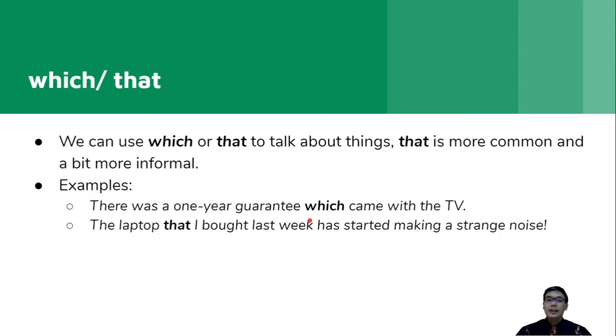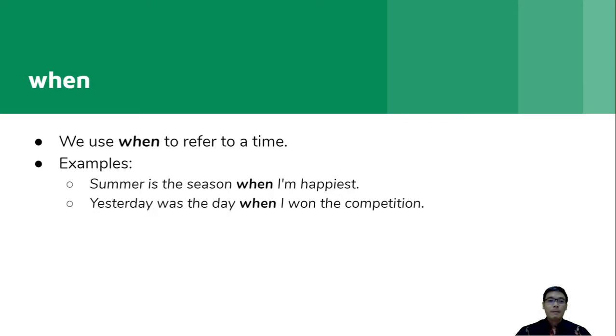Okay, let's take a look at the other relative pronouns. We use when to refer to a time. So we are talking about the time. Examples: summer is the season when I'm happiest. We use when because we are talking about the season. It is a period of time. Yesterday was the day when I won the competition.